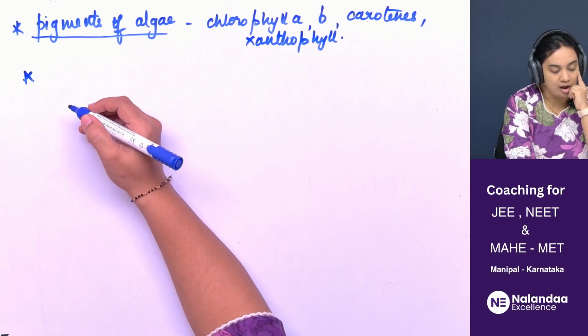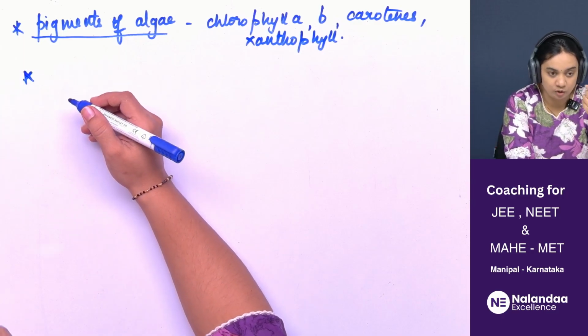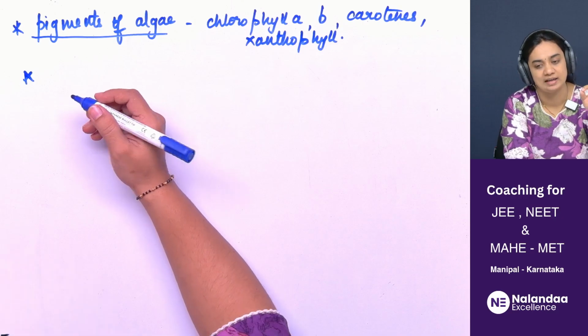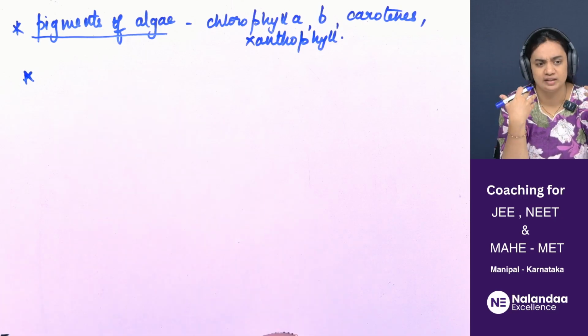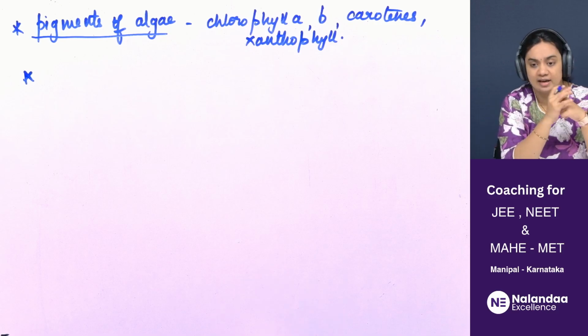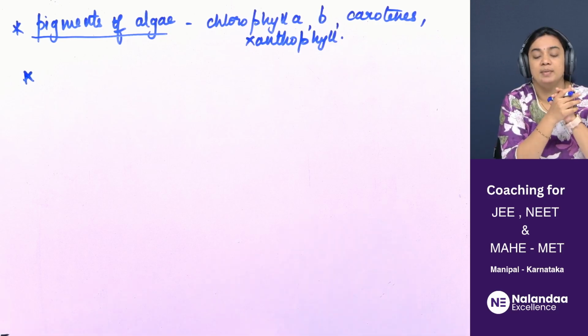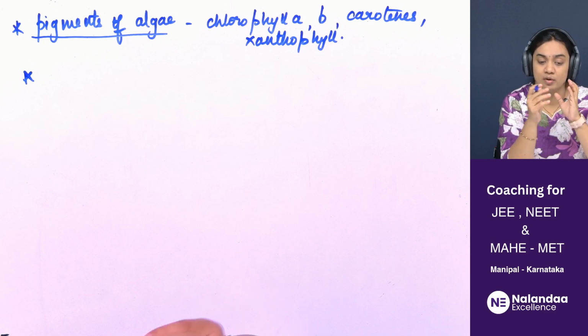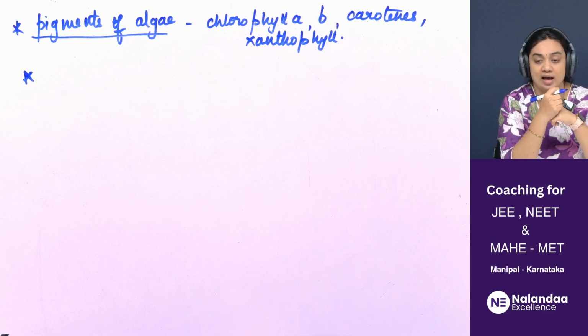And then talking about different pigments of algae, we do not just have chlorophyll, the green pigment. We also have other colors of algae like brown algae and red algae, which we will study. But the color mainly depends upon the concentration of the pigment.